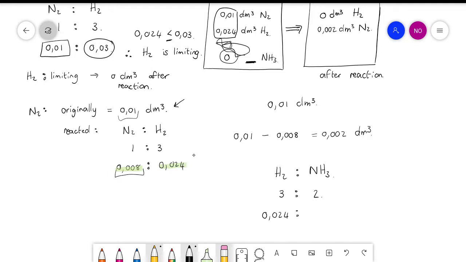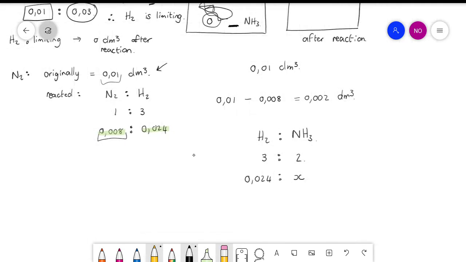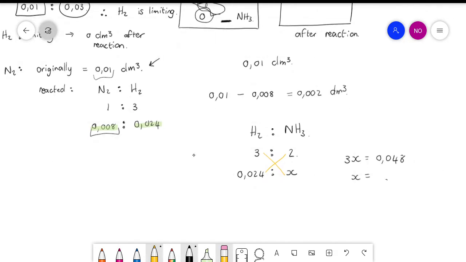In other words, if we use the X method, and you do that, that's the amount of NH3 that would form during the reaction. Always limiting reactant to product.